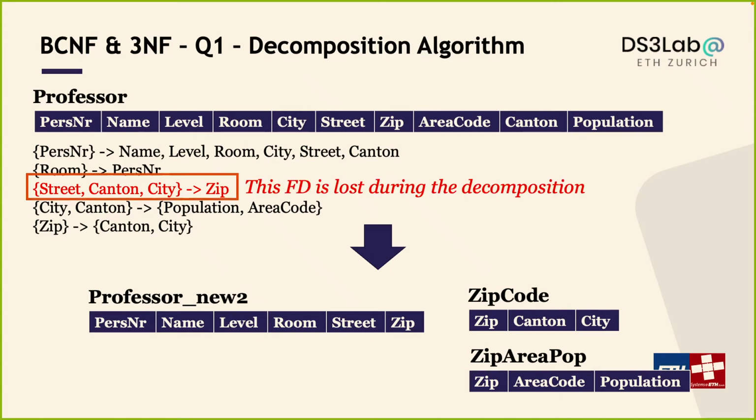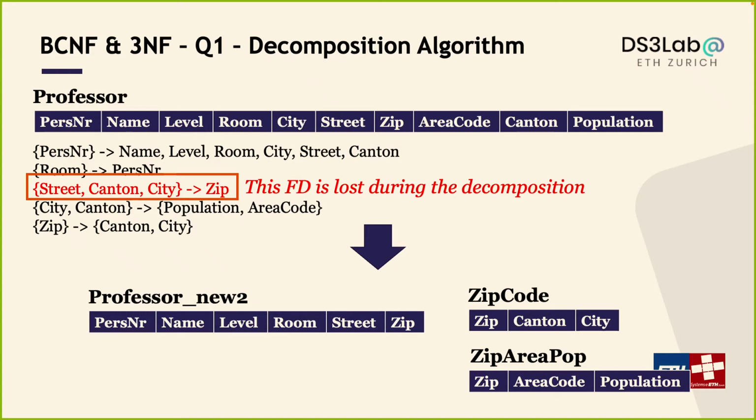So for example, look at this one. In the original schema, I have one functional dependency that street and city decide zip code. That's not here anymore. I do not have a table anymore that contains information of street, city, and zip code in the same table. And from all the smaller functional dependencies that hold for each of these relations, I cannot prove this functional dependency.